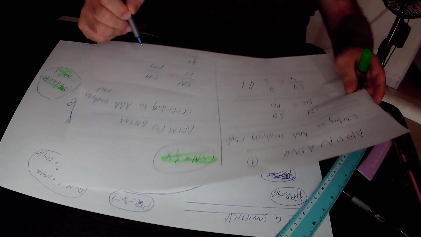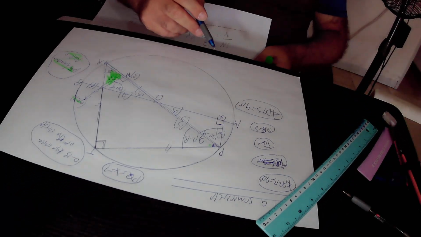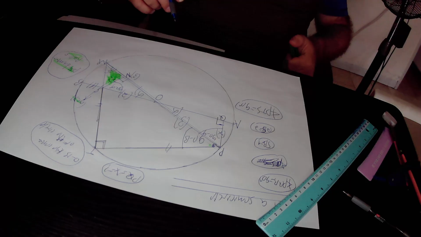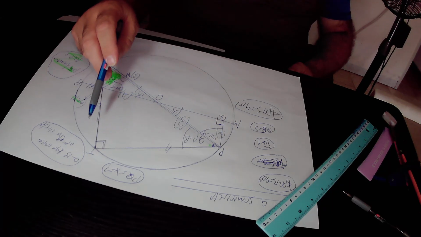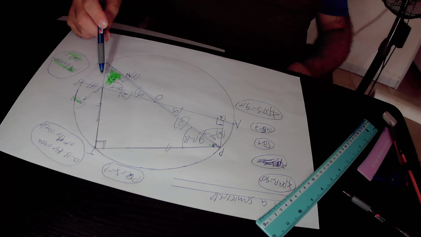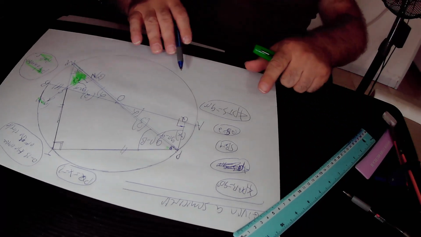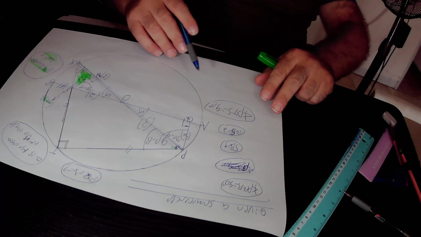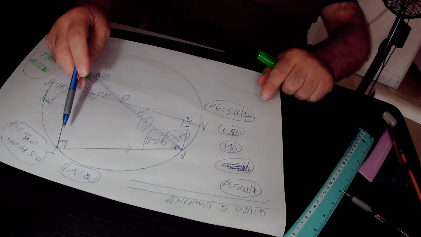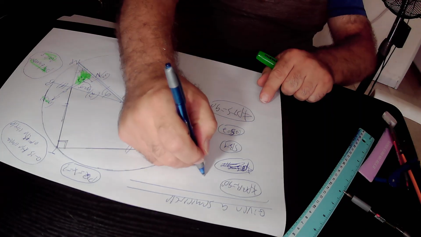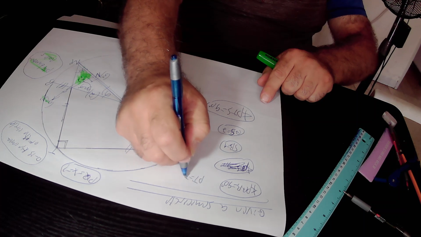So we have two-thirds x over PT. Actually, it is given in the question that side PT equals side TS.